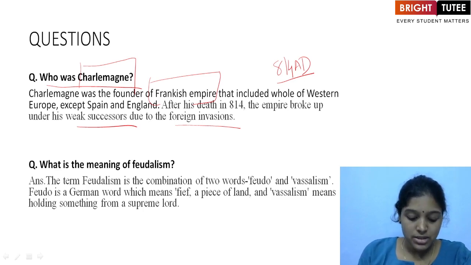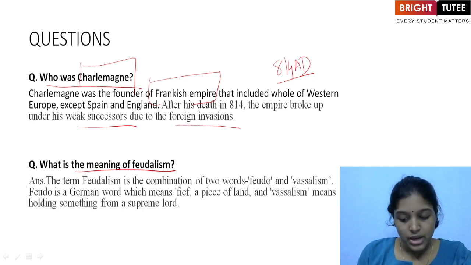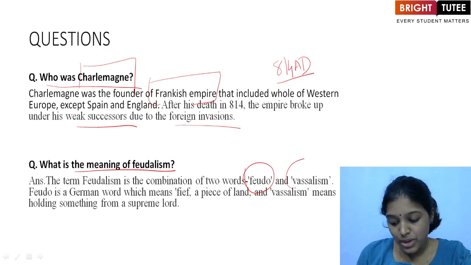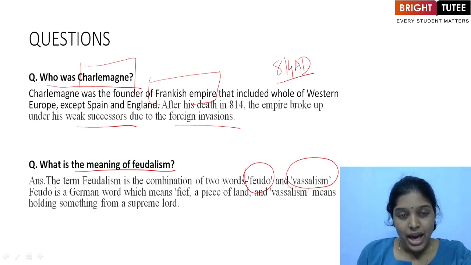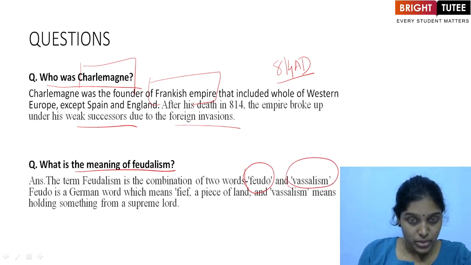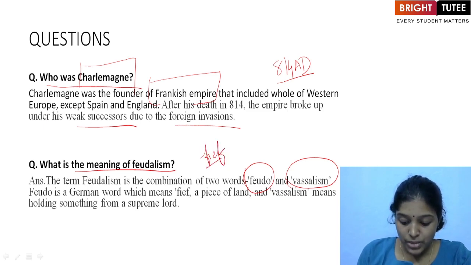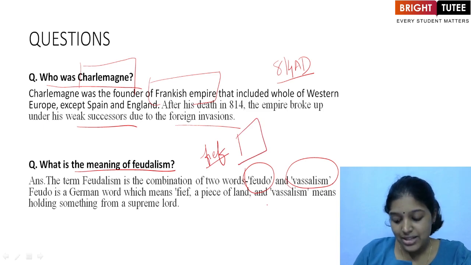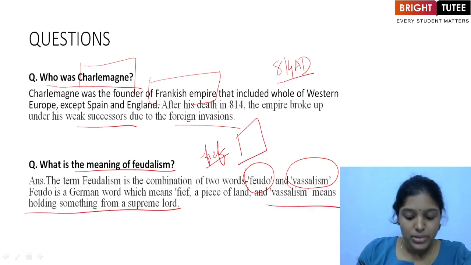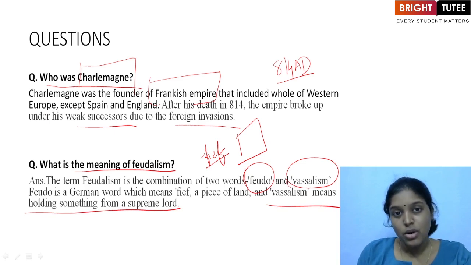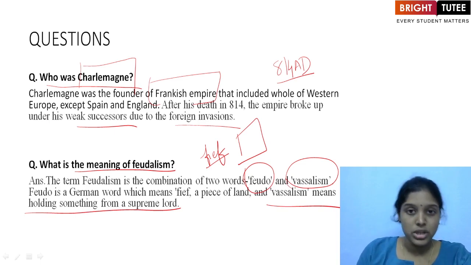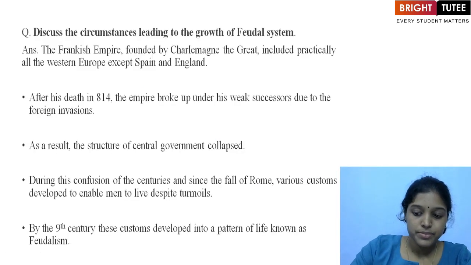The second question is, what is the meaning of feudalism? We saw that feudalism is the combination of two words, feudo plus vassalism, and feudo is a German term which comes from the word fief, which meant a piece of land, and vassalism meant holding something from a supreme lord. Holding and not owning. That is important.